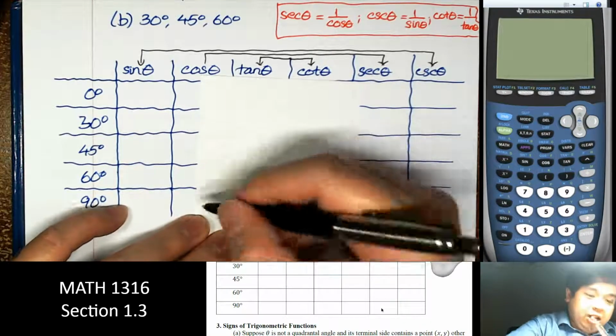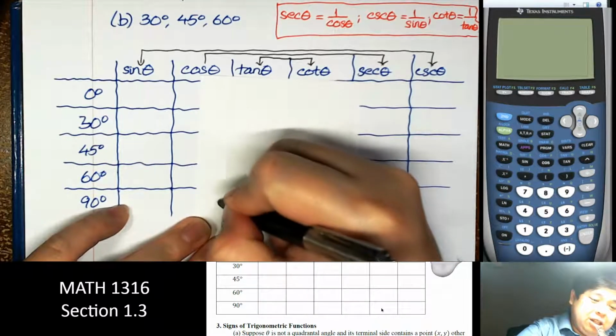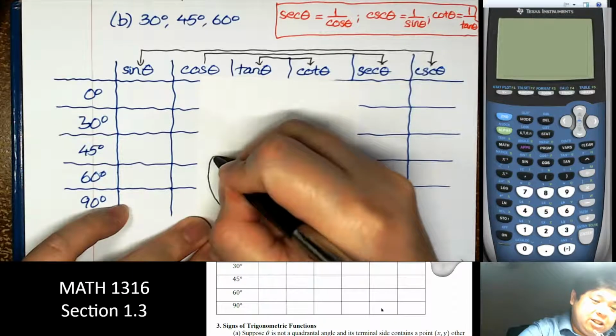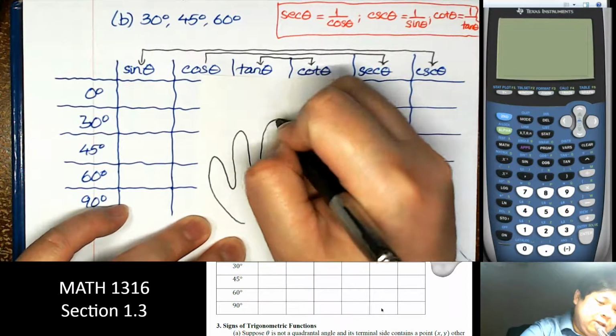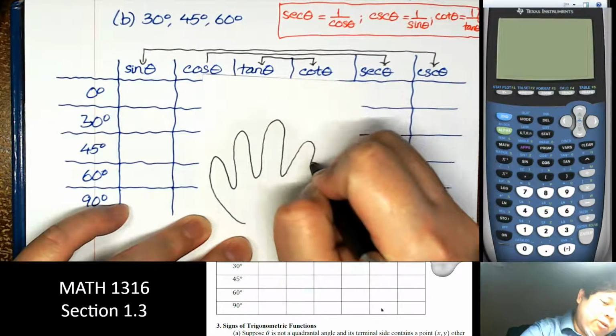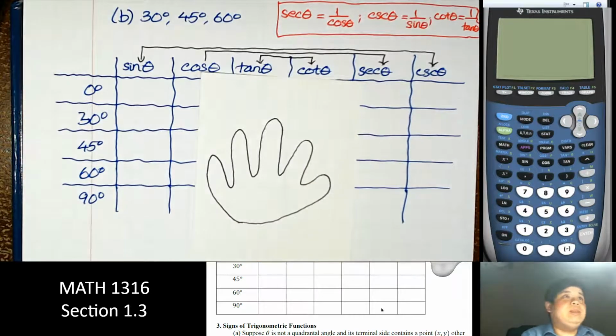I'm trying to draw a hand. It doesn't matter, left hand or right hand, but it is just a hand of 5 fingers. 1, 2, 3, 4, 5. Which correspond to 5 special trig values here.